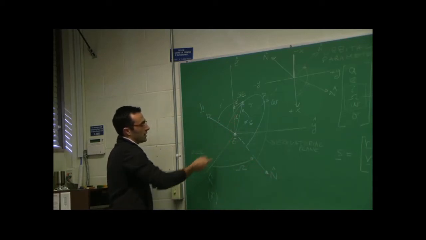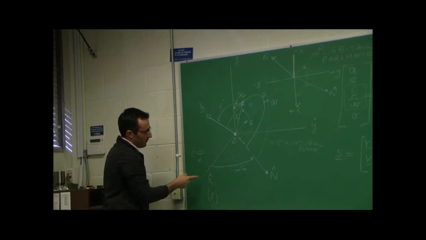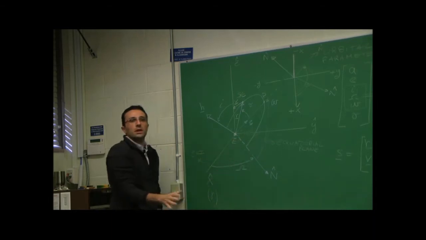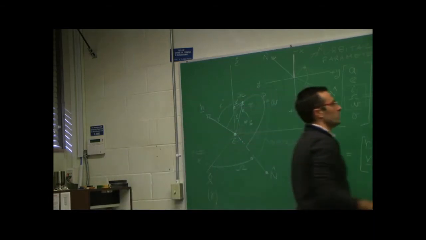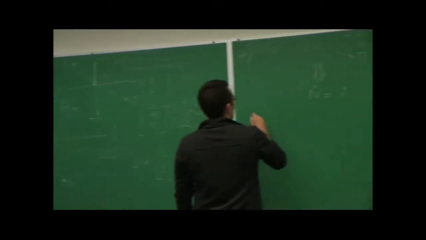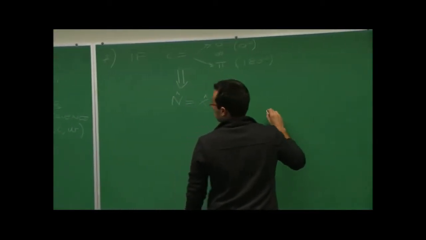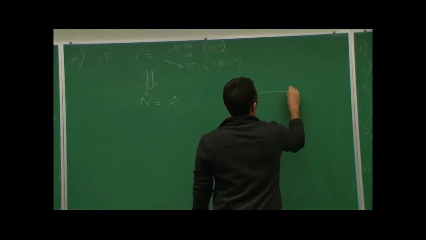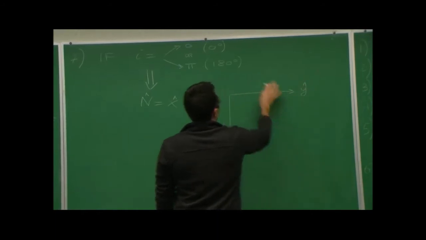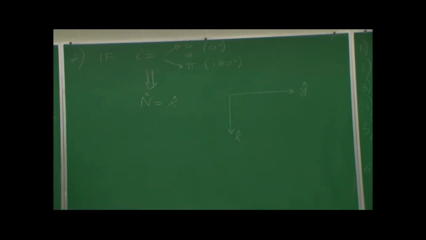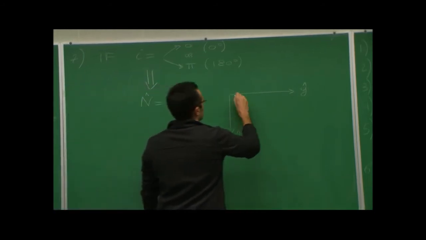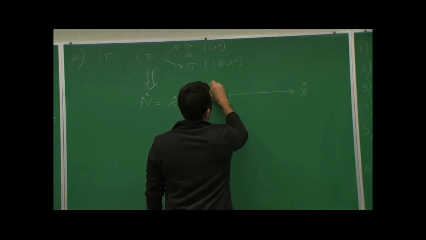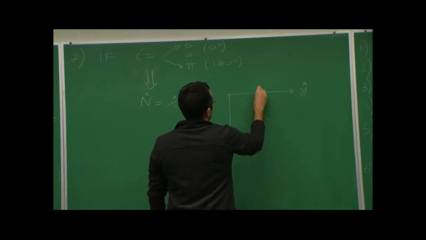But I can still count the angle from the x direction to E. I can still do that, right? If you look at that from above, say this is your x direction, and this is your y direction, and the orbit is happening in this plane. Well, the orbit could be with the line of apsides like this.